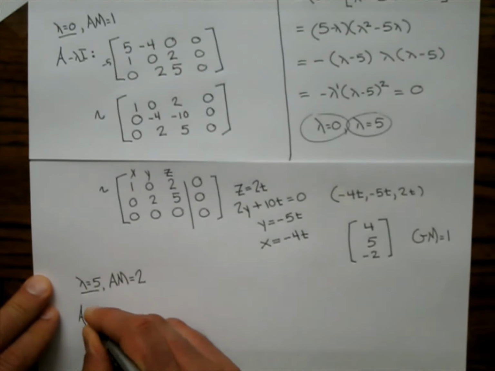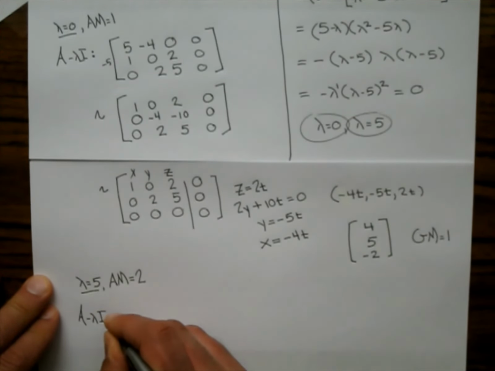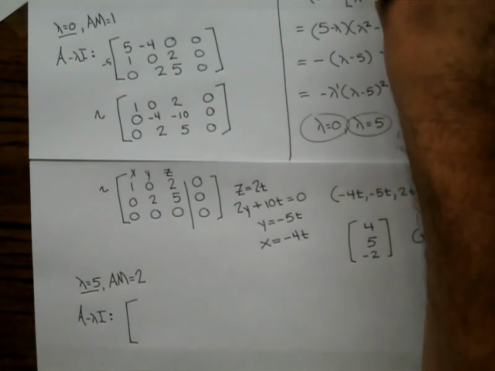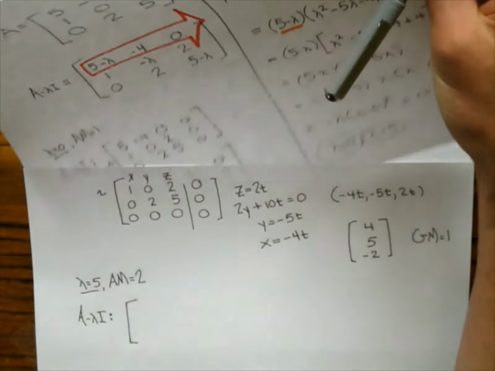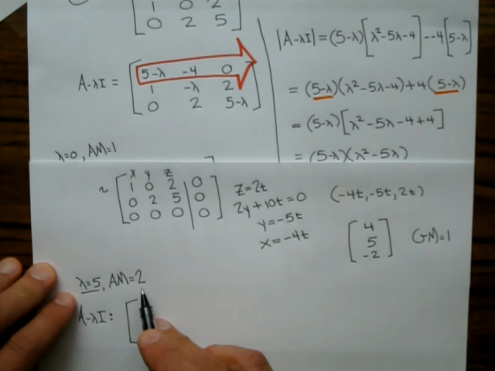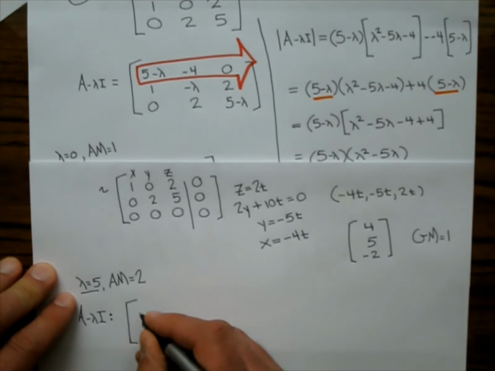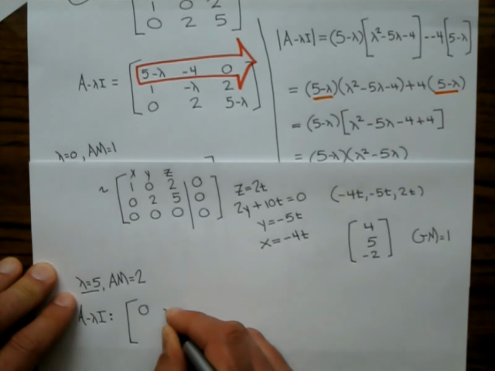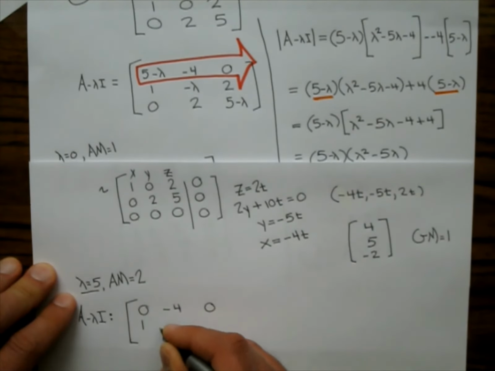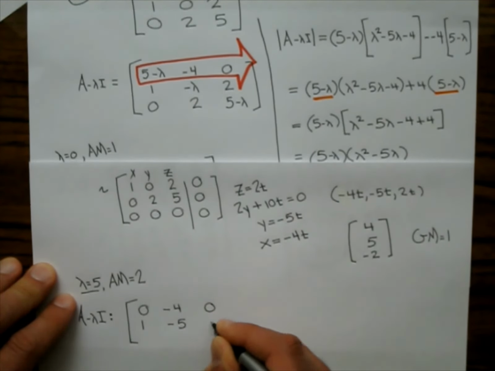Let's go ahead and put 5 into the A minus lambda I matrix. And we're going to find the null space of that. Now if you're wondering where the A minus lambda I matrix went, it's right there. So this is going to give me 5 minus 5, 0, then negative 4, 0. And the next one is 1, negative 5, 2.